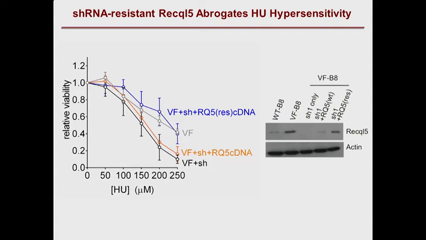But if you use a shRNA-resistant cDNA to rescue, which is mutated at every third nucleotide so the amino acid sequence is preserved but the shRNA can't bind, you can see that you rescue back to the same as the VF cells. This demonstrates that this is an on-target effect of RECQL5 knockdown.